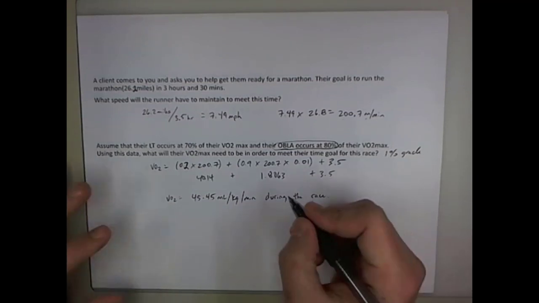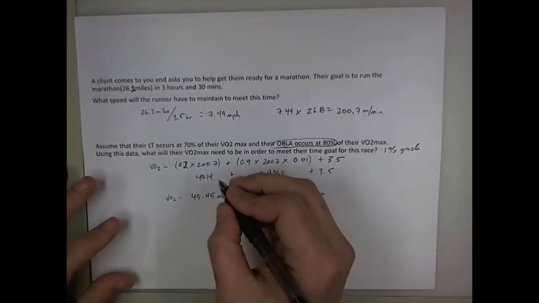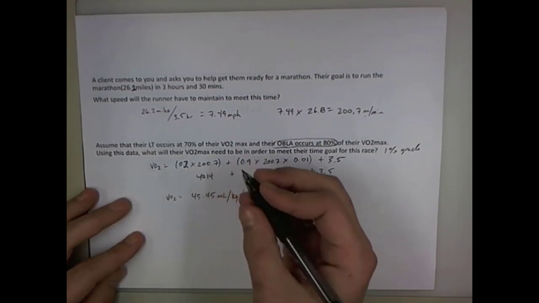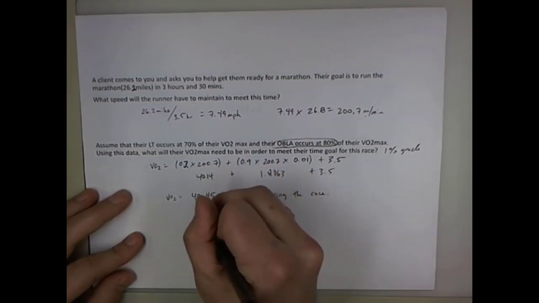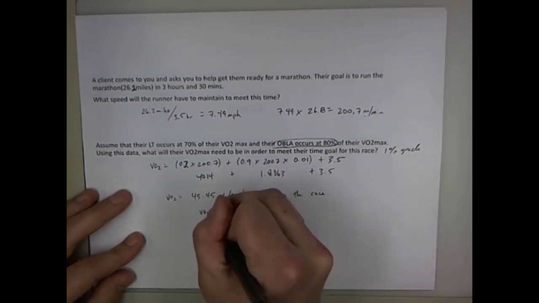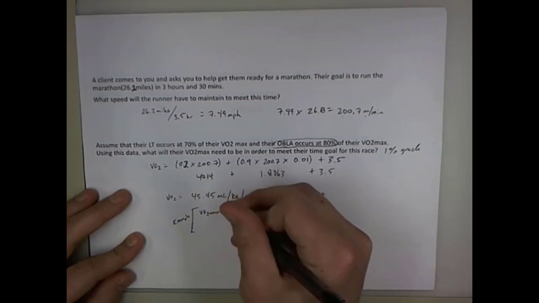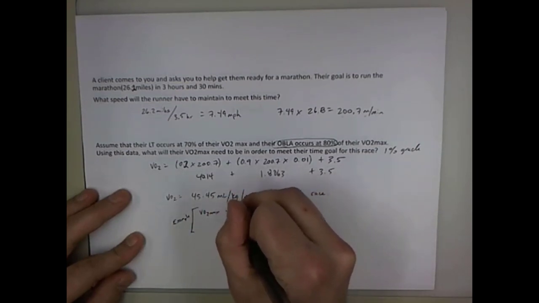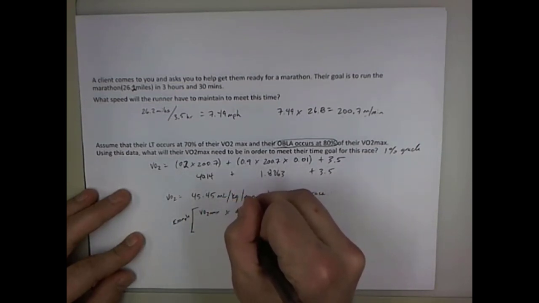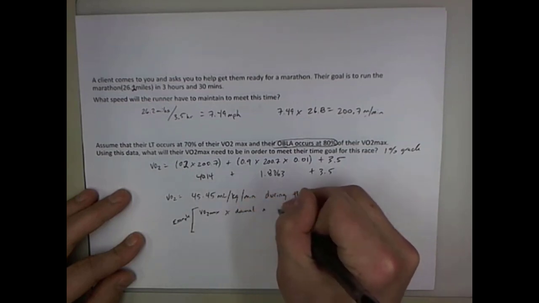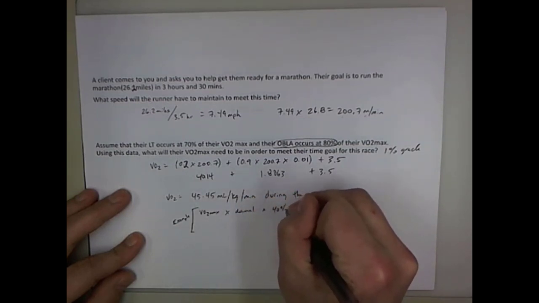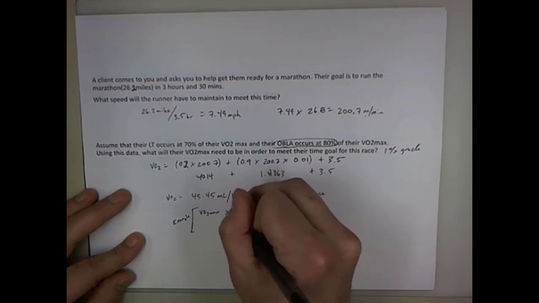Sometimes I like to give an example to make sure that we go back. Earlier, we solved 40% of VO2 max. As an example, VO2 max times a decimal equals 40%, so times our percent as a decimal.